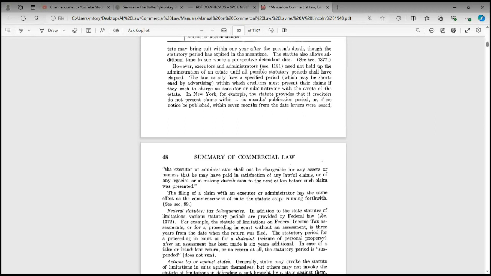In New York, for example, the statute provides that if creditors do not present claims within the 6 month publication period, or if no notice is published within 7 months from the date letters were issued, the executor or administrator shall not be chargeable for any assets or monies that he may have paid in satisfaction of any lawful claims, or of any legacies, or in making distribution to the next of kin before such claim was presented.